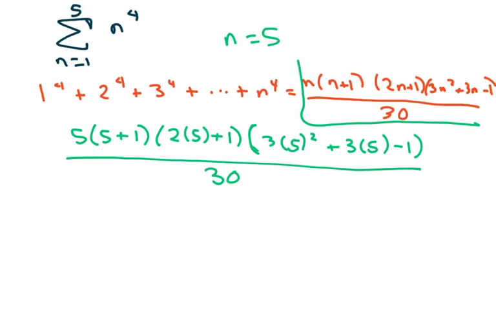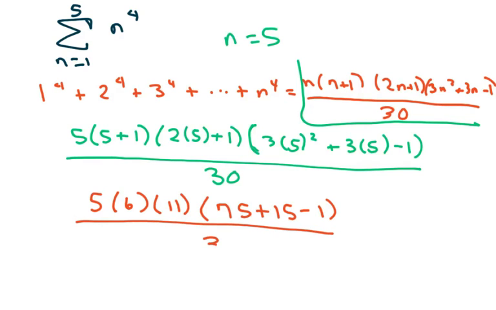And basically, this is going to be 5 times 6 times 11. And this is going to be 25 times 3 is 75, plus 15 minus 1, all over 30.